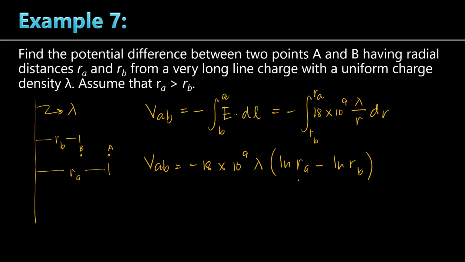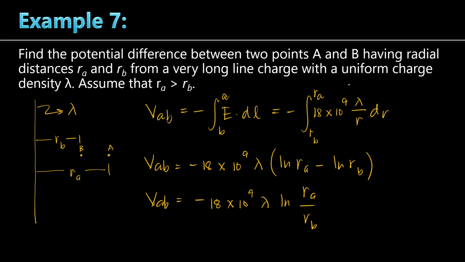Remember, may property yung ln natin. Itong ln of RA minus ln of RB, pwede nating isulat as ln of RA over RB. Sulat natin yan dito ha. VAB is equal to negative 18 times 10 to the 9 lambda times ln of RA over RB.